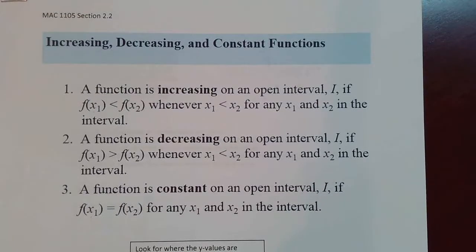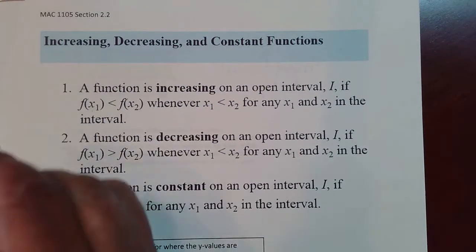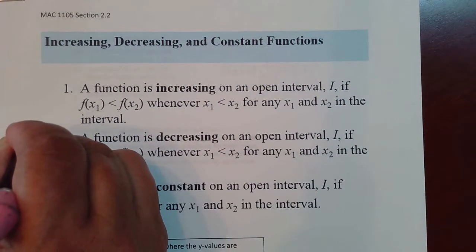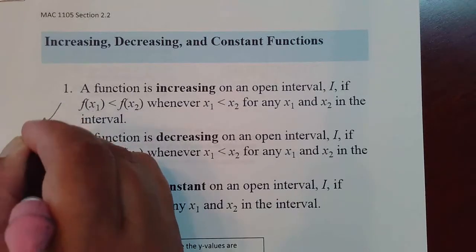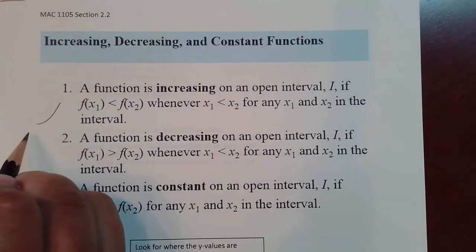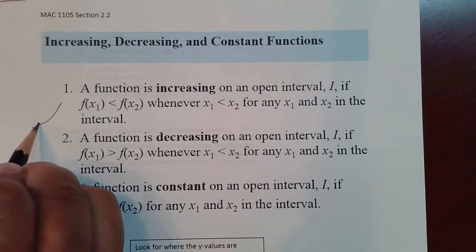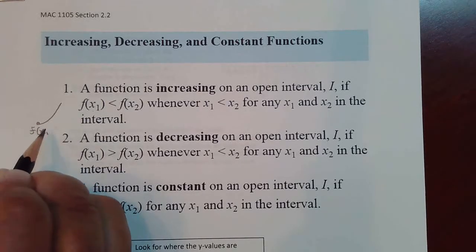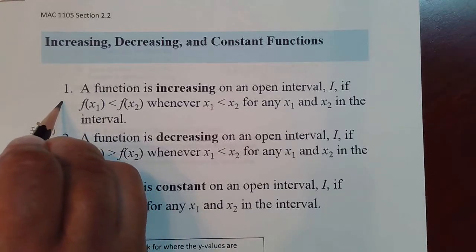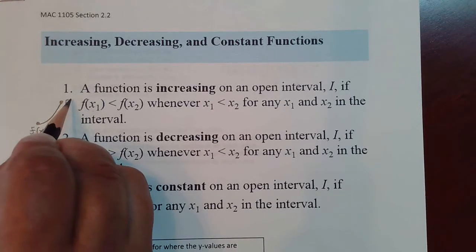So increasing on the graph is going to look like this. Again, you're always scanning the graph from left to right. It'll be a portion that's going up with respect to the y values. This would represent f of x sub 1, and then you move to some other point and the y value is higher. This would represent f of x sub 2.